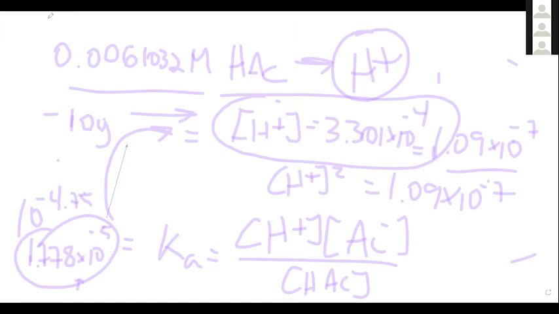Generally we're given a concentration of either the acetate or the H plus, and then figure out the rest. But when you don't have either one, we haven't done that before. So you can see it's a little more complicated. That's why strong acids are much easier to work with.